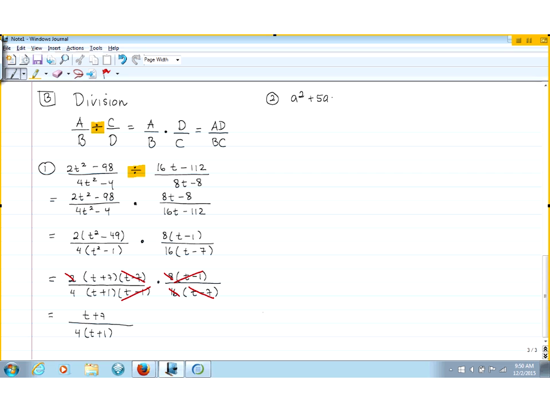Why don't you try this? A squared plus 5a plus 4 divided by a squared minus 2a plus 1 divided by a squared plus 8a plus 16 divided by a squared minus 5a minus 6. All right.